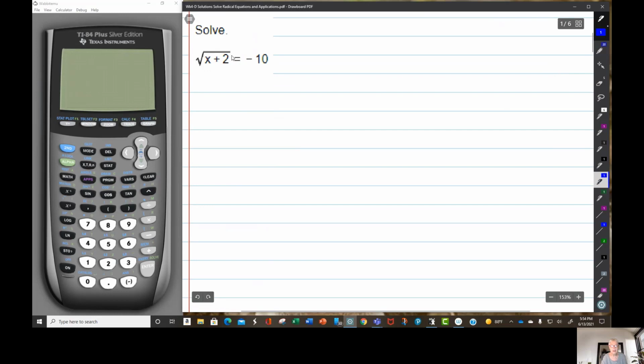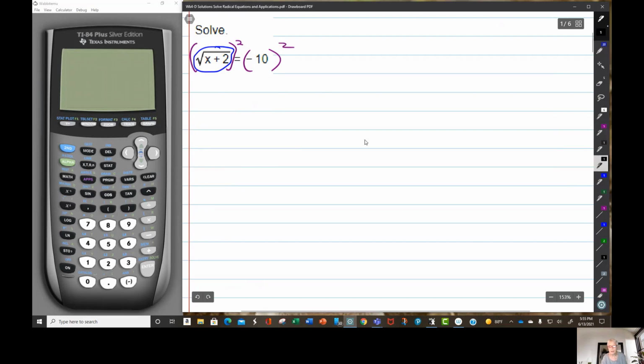Let's solve this equation. The x plus 2 is a binomial that is underneath the radical, so this is all one radical term here. We have a radical term equals -10, so let's square both sides.